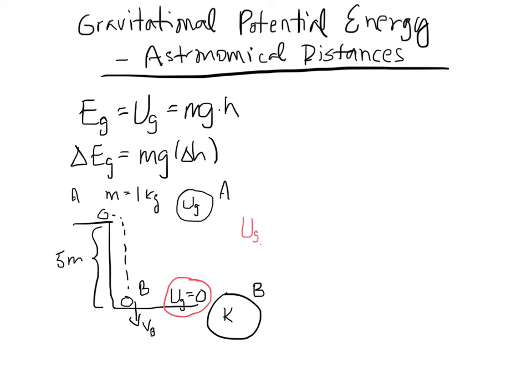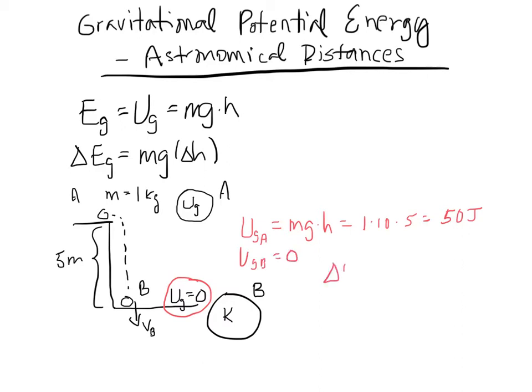That means the Ug at the top, I should be consistent and use A, gravitational potential energy at point A is mg times the height at A, which is 1 times 10, I use 10 for g, times 5. That's 5 meters above the ground, so that's 50 joules. Obviously, Ug at point B is 0 by definition.